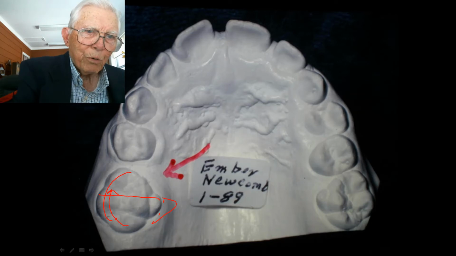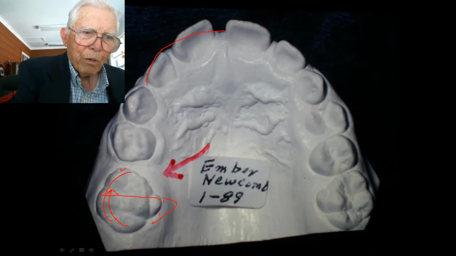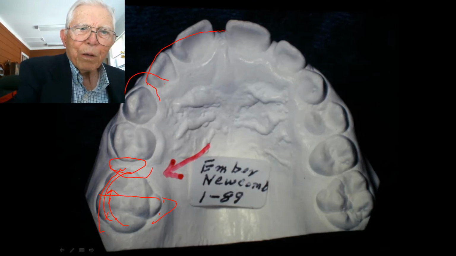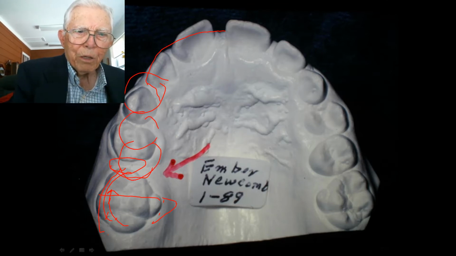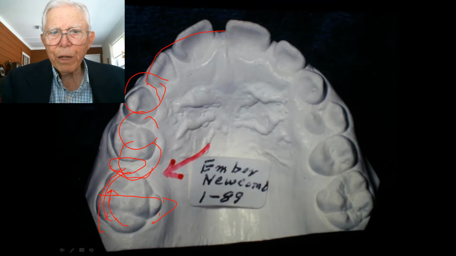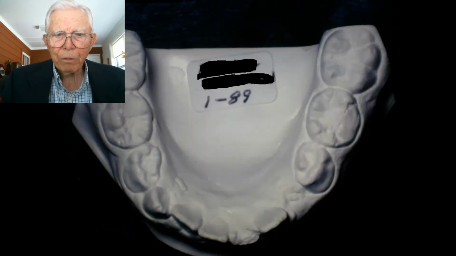And so to correct this, we're going to have to push these teeth back over here, and we're going to have to rotate this tooth back and push it back and make room for the bicuspid to come in there. The cuspid will be up in here somewhere, the first bicuspid in here, and then the second bicuspid in this. But it's a heck of a lot of trouble to treat this after it's been left alone over this period of time. So we can see what happens here.